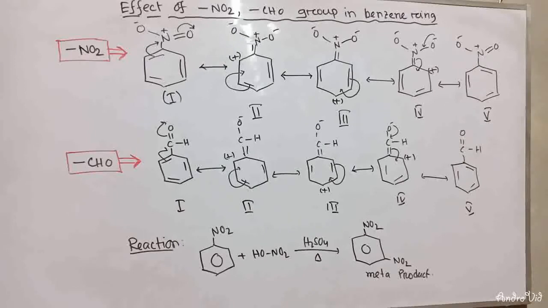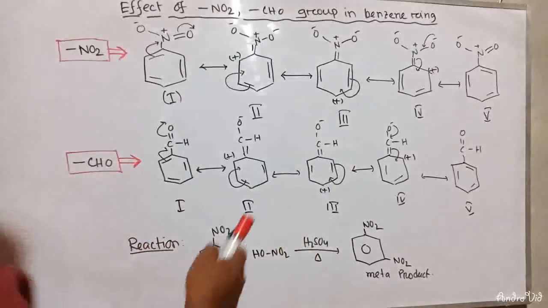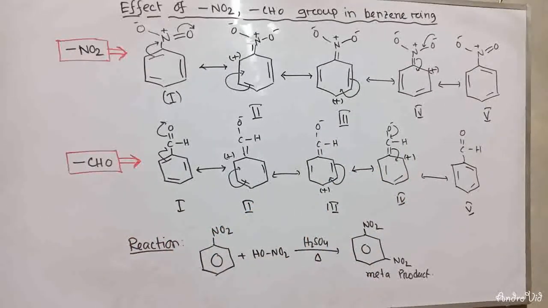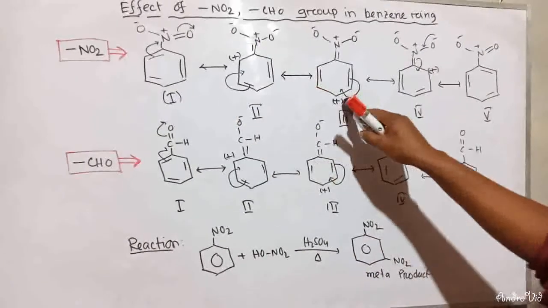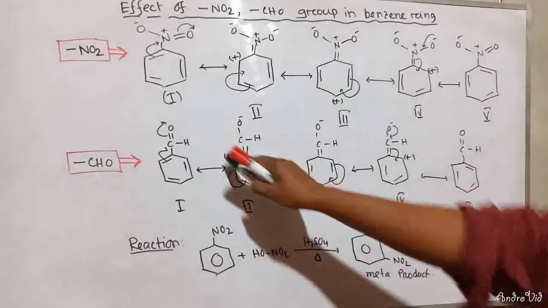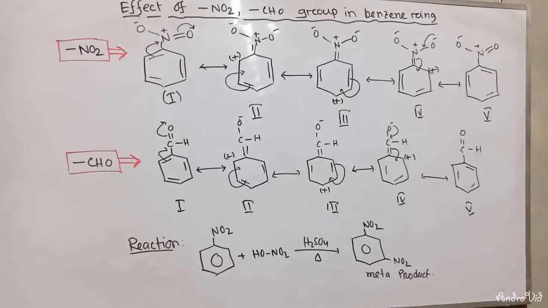Okay, from this resonance structure, it is clear to us that in structures 2, 3 and 4, the ortho and para positions are positive in charge. So as the ortho para positions are positive in charge, when an electrophile attacks this group, it should not be directed to these ortho para positions, because there is a shortage of electrons, a deficiency of electrons.